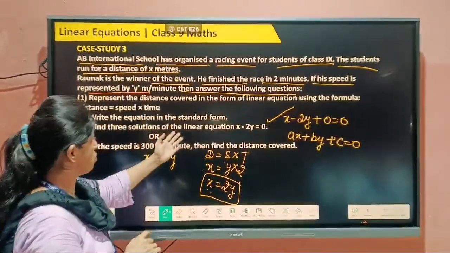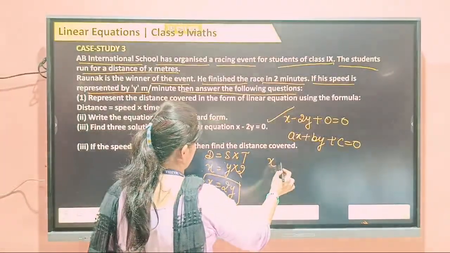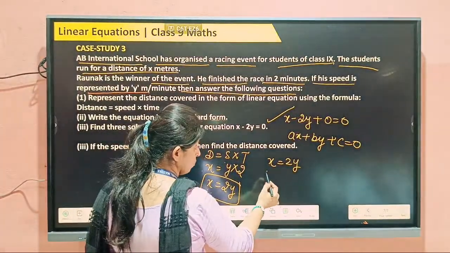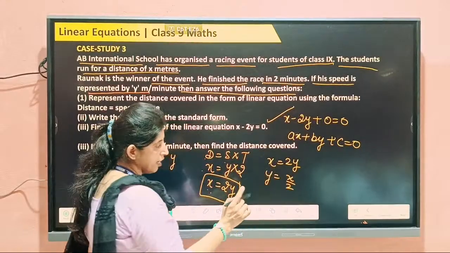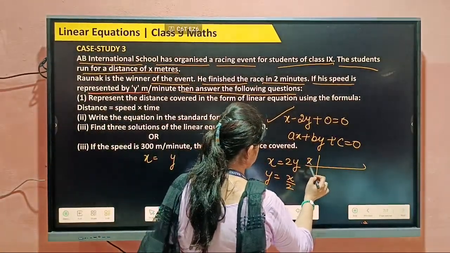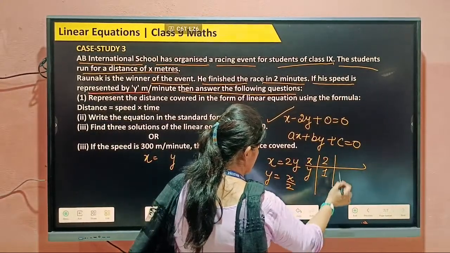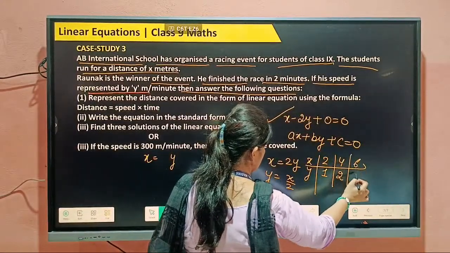Find 3 solutions of the linear equation. We have to find 3 solutions for this equation. x is equal to 2y, means 2 will come down, then y is equal to x by 2. Now put the value of x and you will get the value of y. x is 2, y is 1; x is 4, y is 2; x is 6, y is 3.